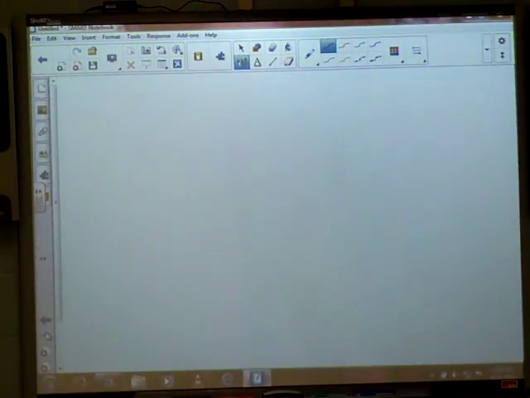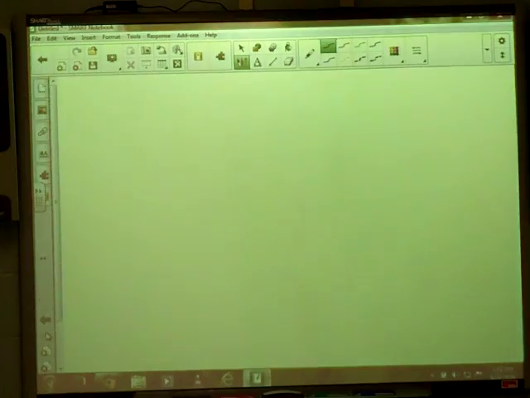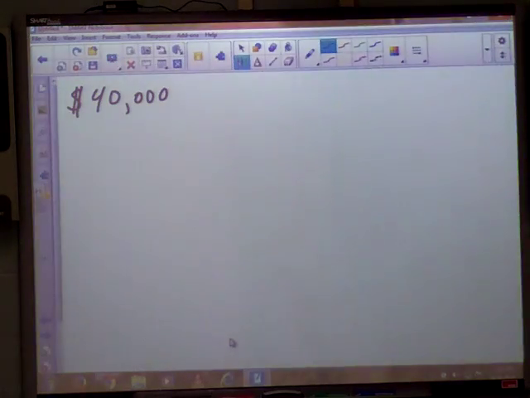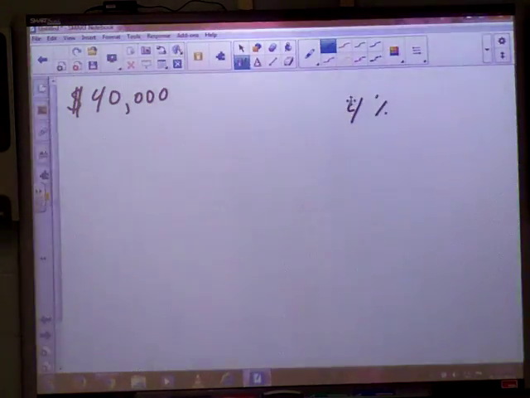It says, after winning the lottery, congratulations, we just won the lottery. After winning the lottery, we've got $40,000 to invest. I don't know if that's everything we won or if that's after we paid our taxes, but I'm happy with it. We're going to put part of that money in an account that pays 4% interest.